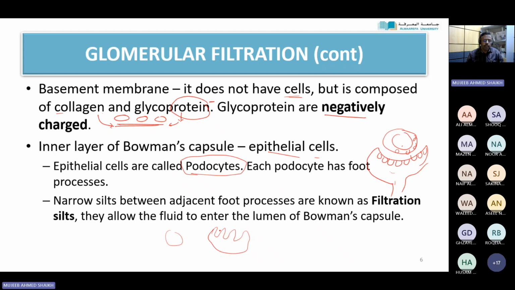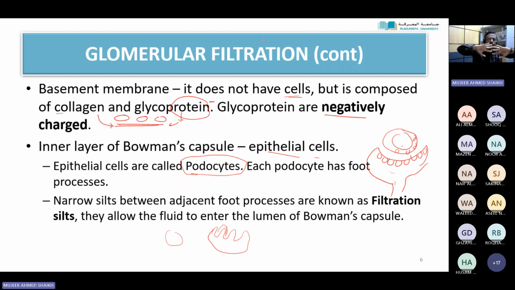Now one cell is sitting into the other cell. So this will become a slit, just like if you hold your hands with the fingers interlocked, you will find that there are some lines or junctions between two parts of your fingers.